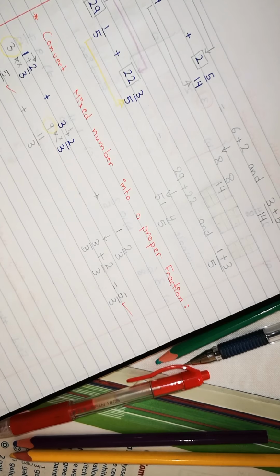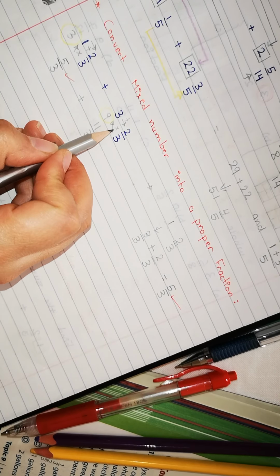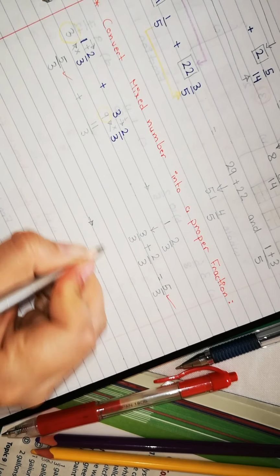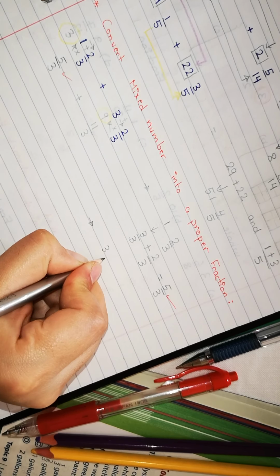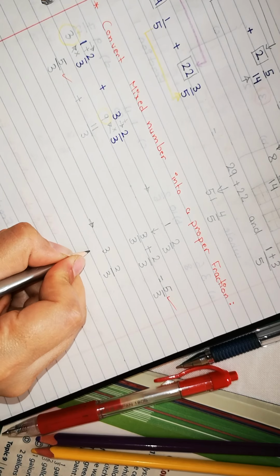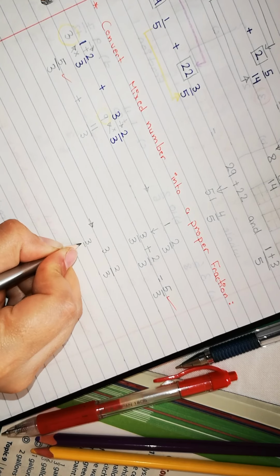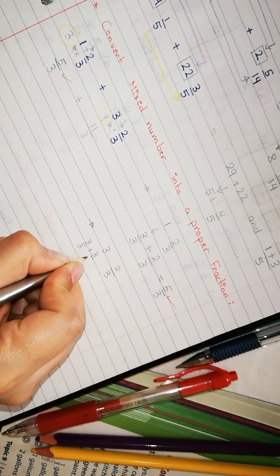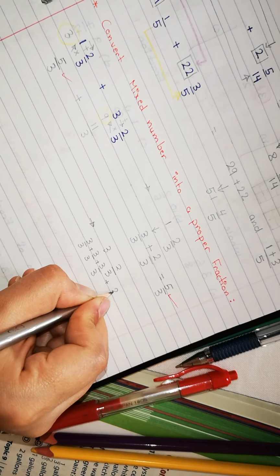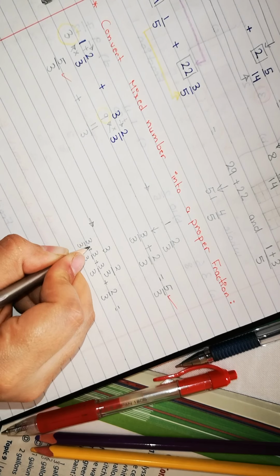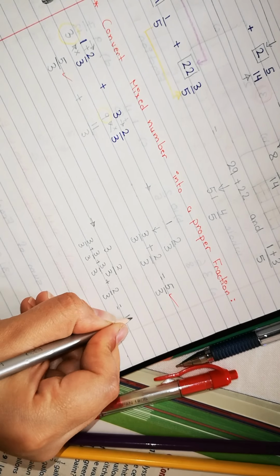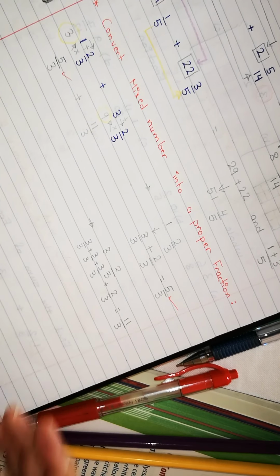Yes, they're the same. Let's try to do the 3 and 2 over 3 by decomposing it. This 3 represents 3 over 3 plus 3 over 3 plus another 3 over 3 plus the 2 over 3. 3 over 3 plus 3 over 3 equals 6, plus another 3 equals 9, plus 2 equals what? 11 over the same denominator.